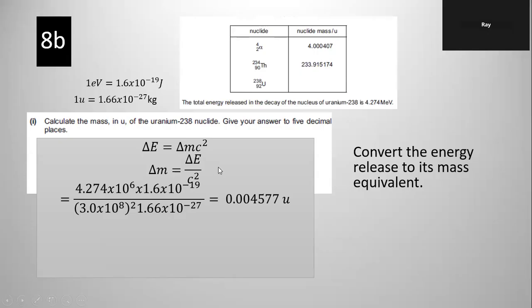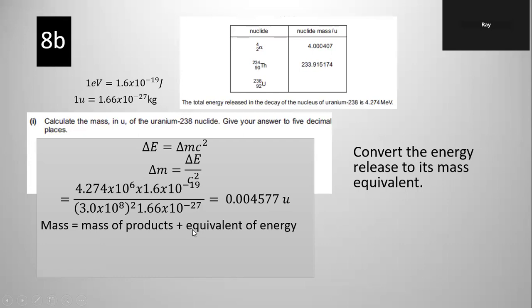And this is your speed square. And you divide by 1.66, since this is in kilogram and I want to convert it to atomic mass unit, so you divide by that from the data sheet. So you get 0.04577 atomic mass unit.